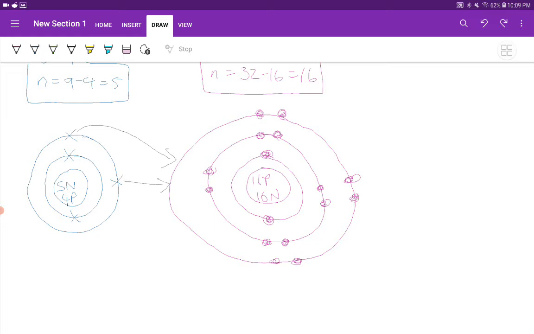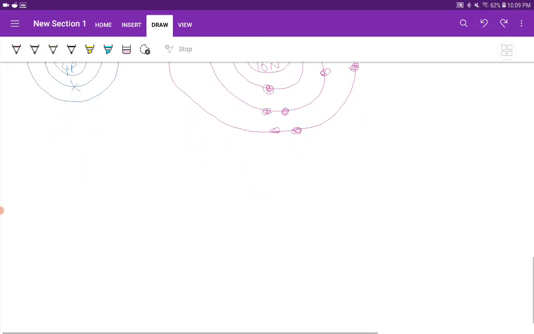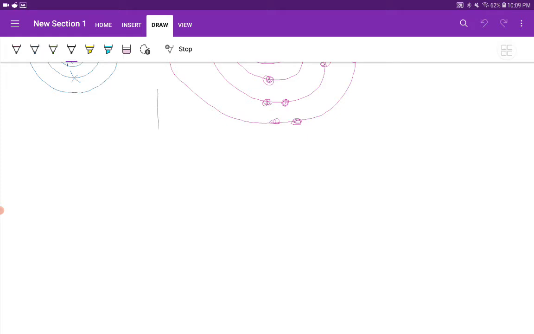And once you have your atoms, now you need to draw your ions. So, let's start with our beryllium ion. Initially, beryllium had 4 protons and it had 4 electrons. But then it lost 2 of those electrons, so now it only has 2. So there are 2 more positives than negatives.